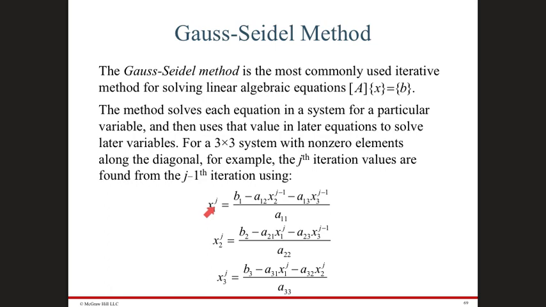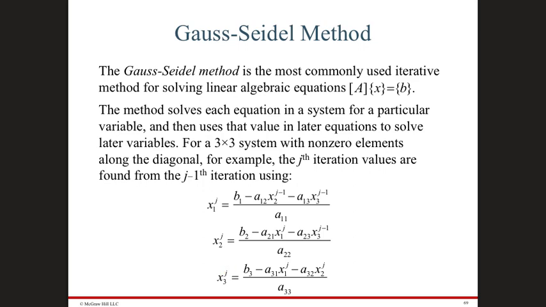You take that value of x1 and you substitute it here with the initial value of x3, and you get a value for x2. You take that value of x2, you substitute it here with whatever you got for x1, you get x3. Now you have 3 new values for x1, x2, x3, right?